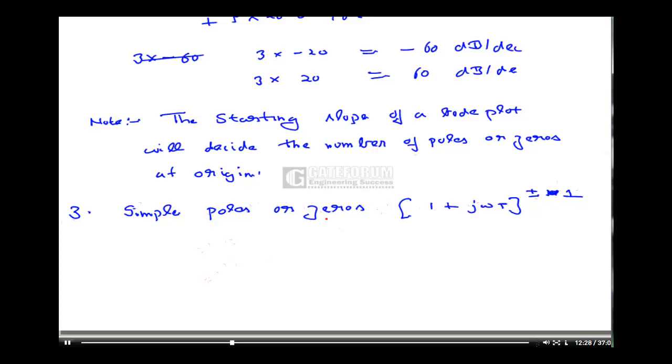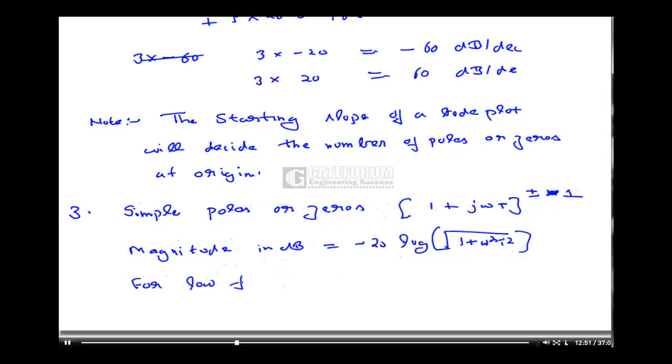If I see the magnitude plot, the magnitude in dB can be written as minus 20 log of under root of 1 plus omega square t square. Okay. For the low frequency range, omega value is lesser than 1 by t. In this case, it will be 0 dB.